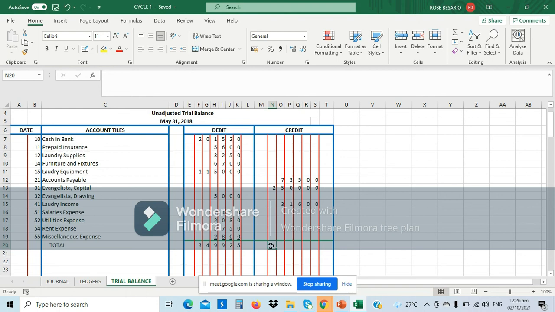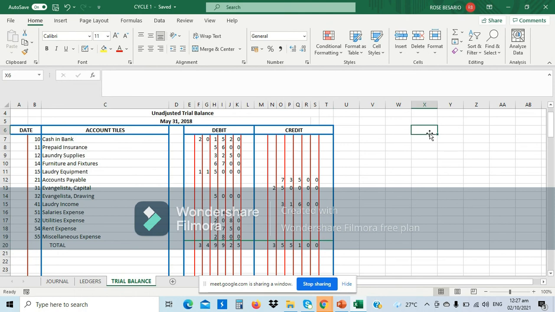I will repeat the debit column. Plus 250,000 plus 31,600, so we have 355,100. So we don't get the same amount. I will compute the other column again.